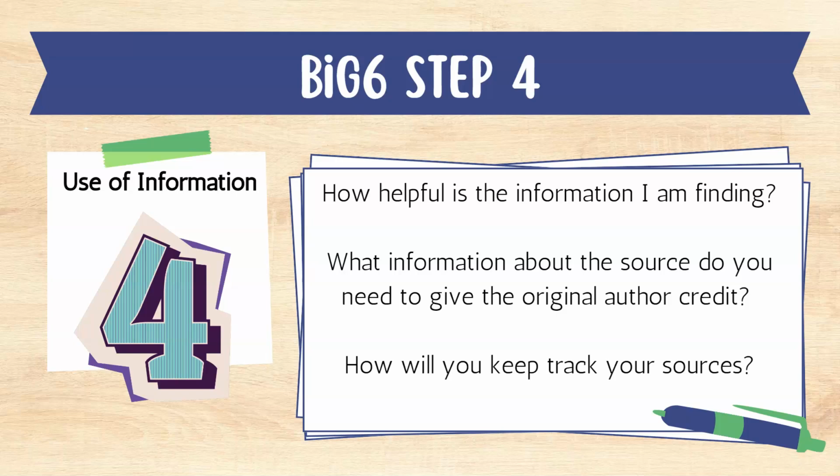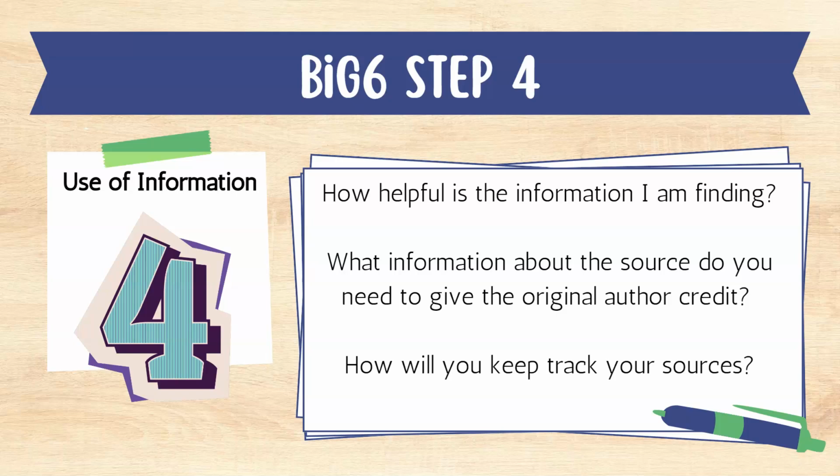Okay, we're gonna pause right here for a second. Yes, the Big 6 is a series of steps. However, problem solving is not what we call linear, okay? Sometimes you might have to go back to a previous step, right?